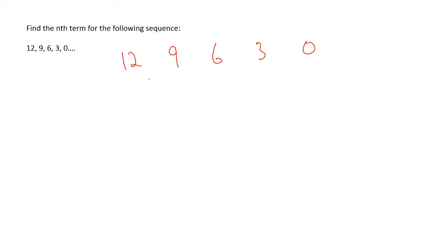But we still do it exactly the same way. I say, what is happening each and every time between those numbers? I'm taking away 3, minus 3, minus 3, minus 3. And I just take that minus 3 and I put it in front of my n. Minus 3n. So what goes after it?